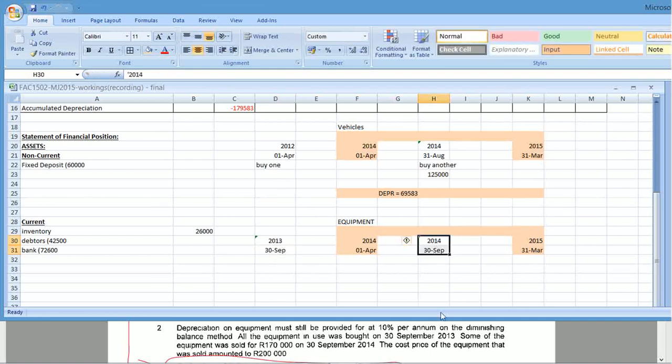So some of the equipment was sold for that on there. So proceeds, 170,000 there. And this is using diminishing balance. The cost price of the equipment that was sold amounted to 200,000. Cost here was 200,000. That's what we know for sure from the question.